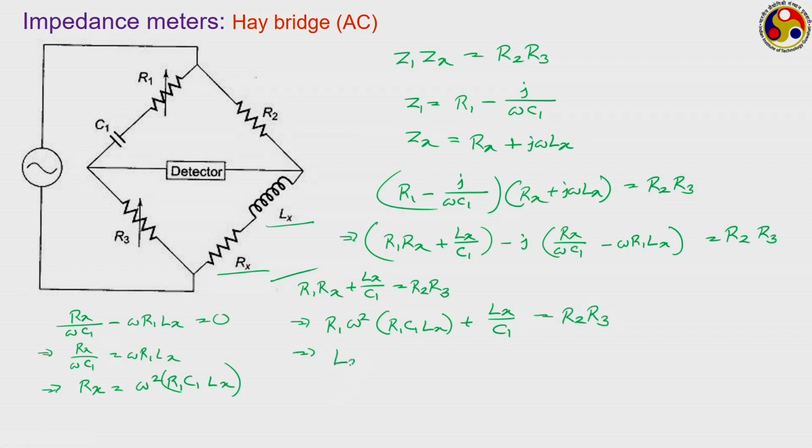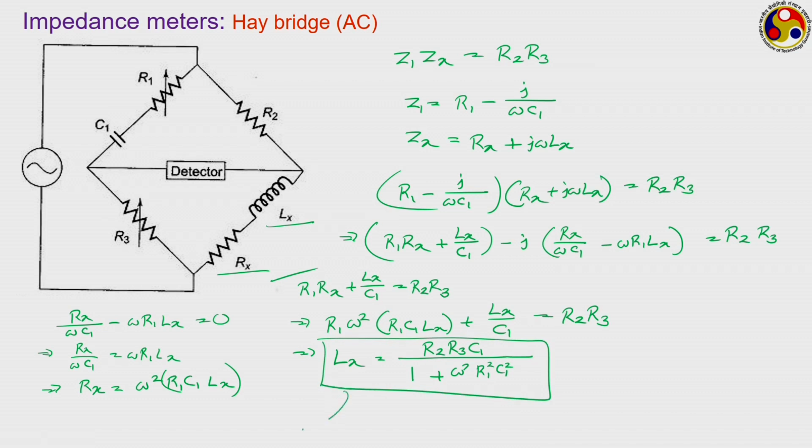Taking Lx out from this, we have R2 R3 C1, and in the denominator we have 1 plus omega square R1 square C1 square, and so that is the expression for your Lx. This can be taken back here to get an expression for Rx, thereby providing you a complete idea about the resistance and inductance of the inductor that you are dealing with.